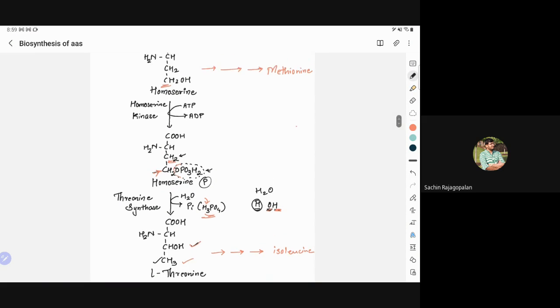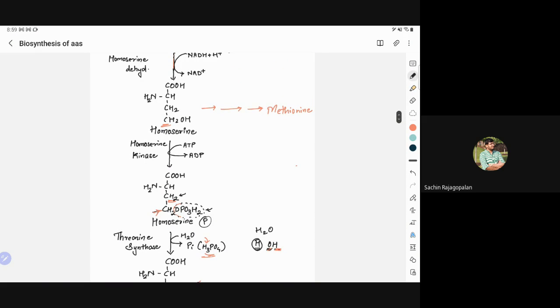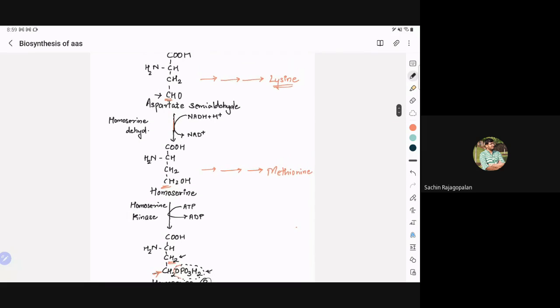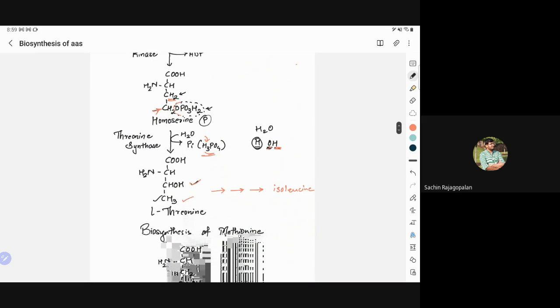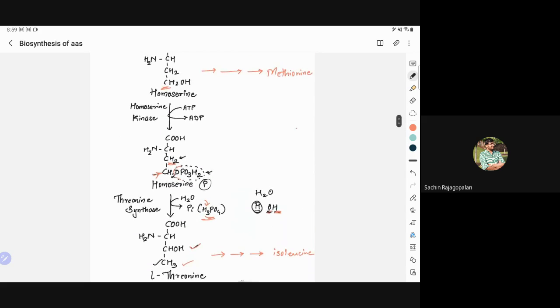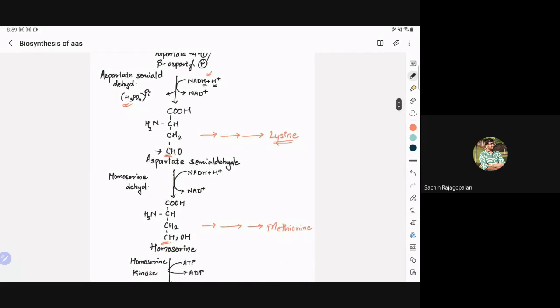Post which we discussed how homoserine can be converted into methionine, if you remember. We also saw how threonine is converted into isoleucine, which we just revised. And now what we are left with is to see how aspartate semialdehyde is converted into lysine. So that's the sixth and the final amino acid of the aspartate family whose biosynthesis we are going to discuss.